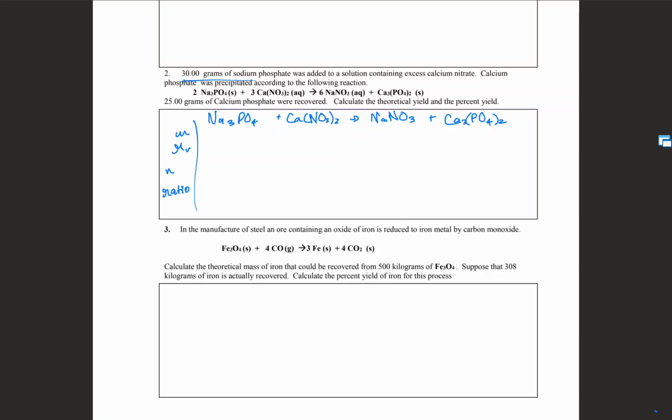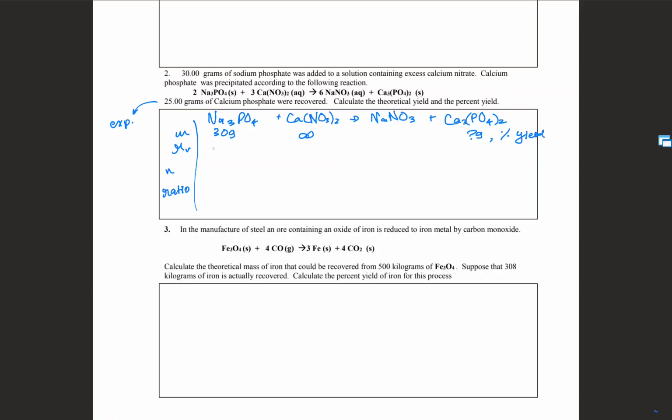We are given 30 grams of sodium phosphate, which is here, and excess calcium nitrate. Now calcium phosphate was precipitated, and 25 grams were recovered. This is the experimental, so we don't write this down. We need to find the theoretical and then the percentage yield.